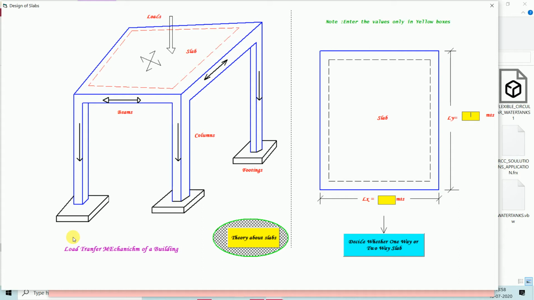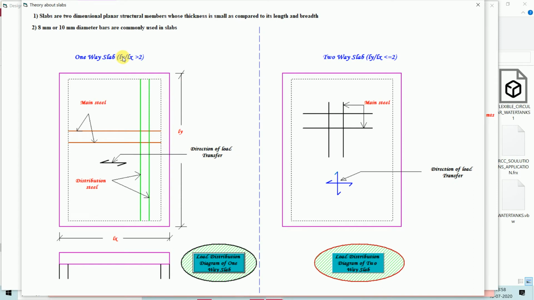If you want to know more about the theory about slabs, then you can click on theory about slabs. First, the definition of what is a slab. Slabs are two-dimensional planar structural members whose thickness is small as compared to their length and breadth.